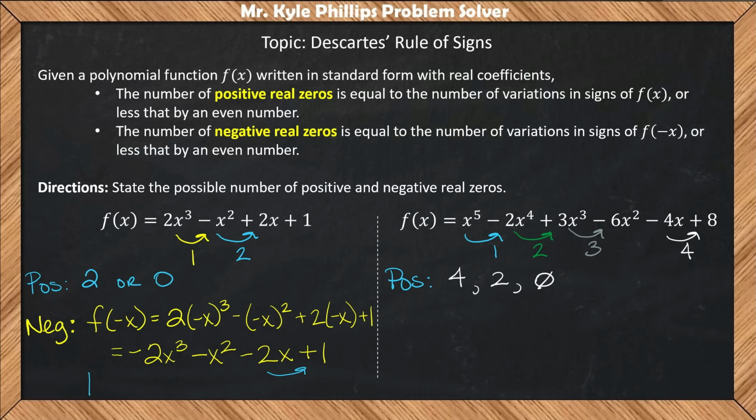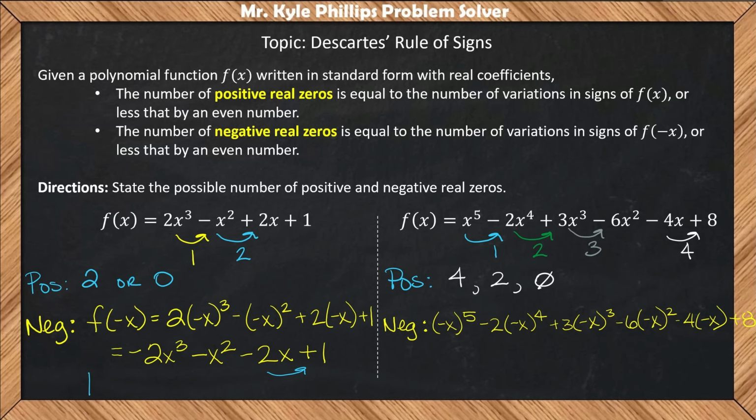Now if I were doing the same thing with my second example, again, I would have to plug in a negative x here and then evaluate my sign changes. So that would be negative x to the 5th minus 2 times negative x to the 4th plus 3 times negative x to the 3rd minus 6 times negative x squared minus 4 times negative x, and this is plus 8.